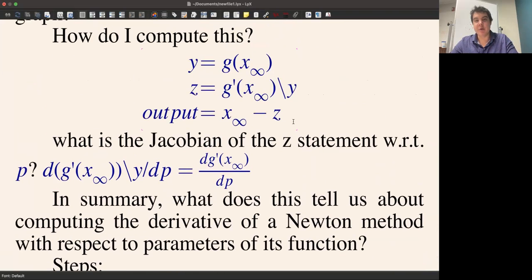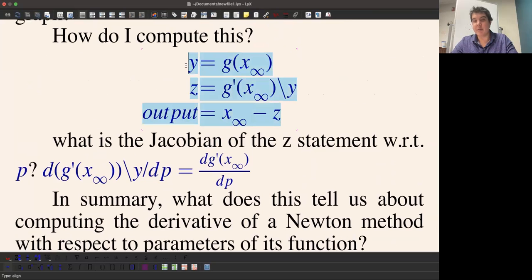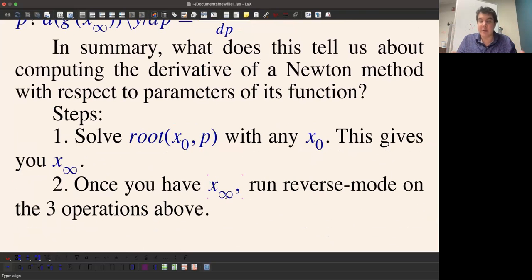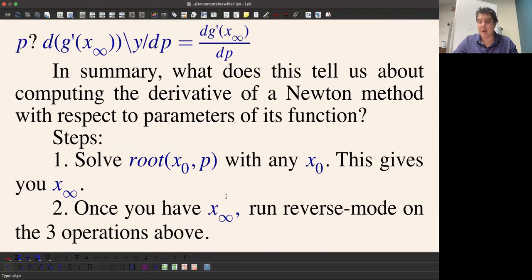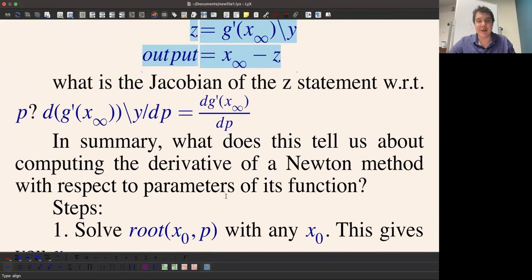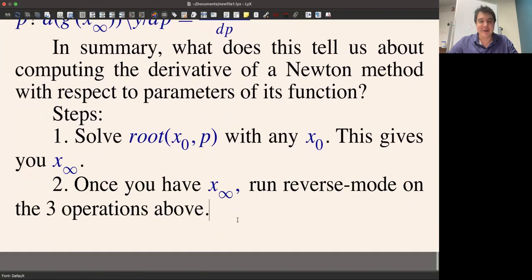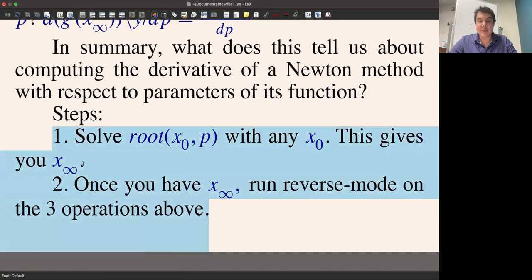So you do reverse mode AD on these 3 operations using the same kind of thing that you talked about before with the compute graph. It takes forever to do the full compute graph discussion, so hopefully enough of that was done. But those are the key steps here.